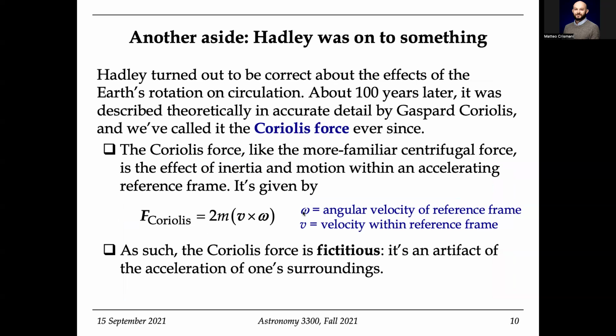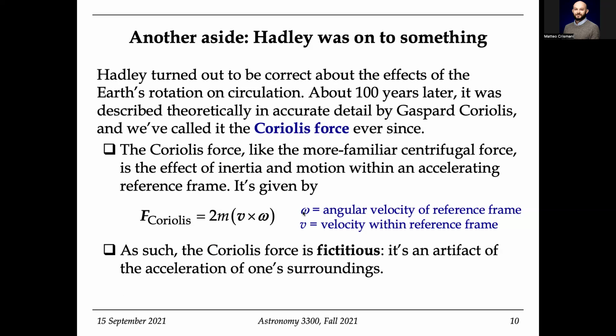Had we figured this out without the Coriolis effect, it would be 100 years before we found the Coriolis effect, by Gaspard-Gustave de Coriolis. The mathematics to understand the fictitious force that arises from the rotation of the reference frame just hadn't been figured out yet.